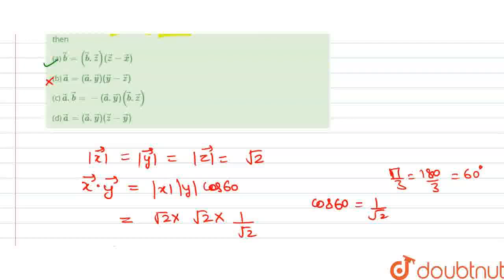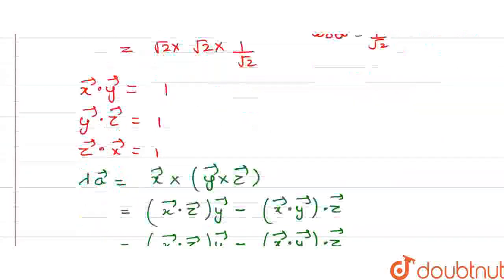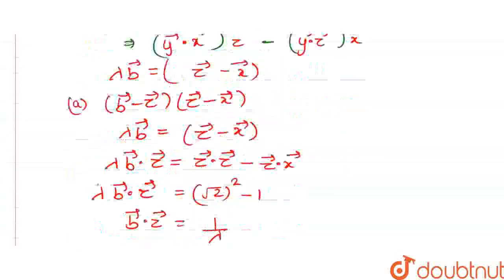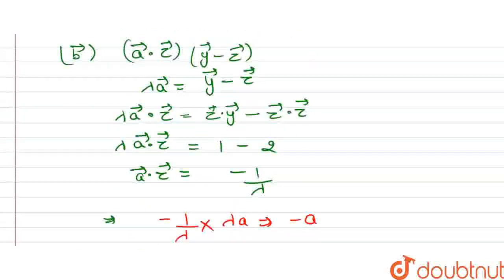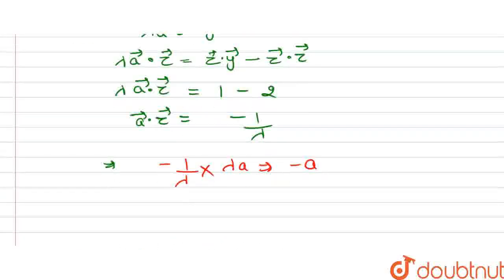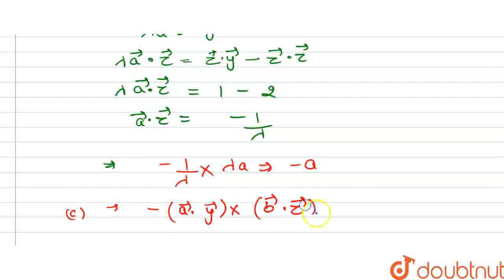Now move on to option C. A vector into b vector, a vector into y vector into b vector dot z vector. So our option C is, so we can write here minus time of a vector into y vector into b vector and z vector.